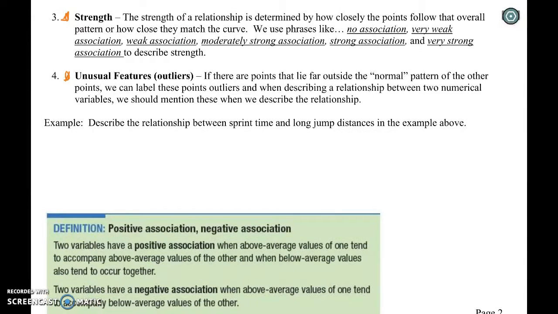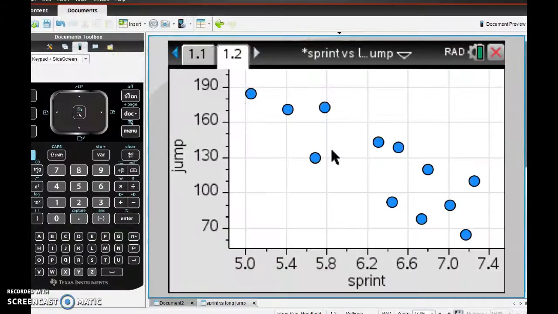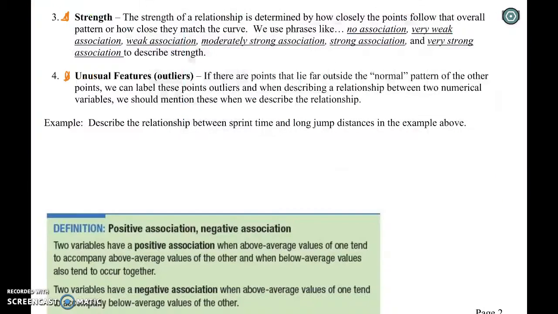Example: describe the relationship between sprint time and long jump distance. We're going to do our DUFs: direction, unusual features, form, and strength. And let's not forget context, context, context.